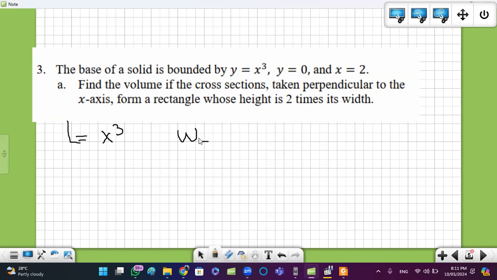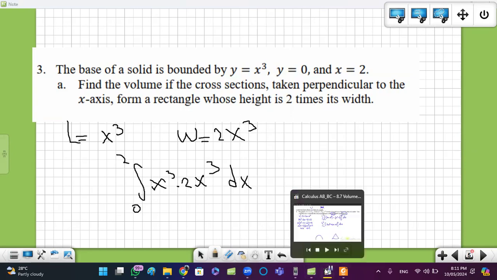So the width equals x to the power 3, and the height is 2 times width, so 2x to the power 3. So I will set the integral from 0 to 2 of x to the power 3 multiplied by 2x to the power 3 dx, and I will find it.